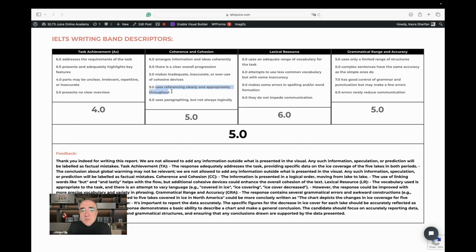That's a good thing. Paragraphing is not important at this point, but still, the paragraphing also had some issues, but it's not important for task 1. The arrangement of information was generally okay. The overall progression was from left to right, which is the minimum you can do.